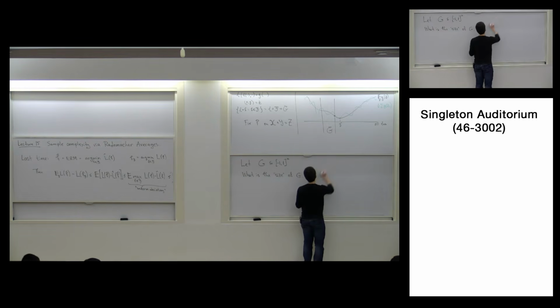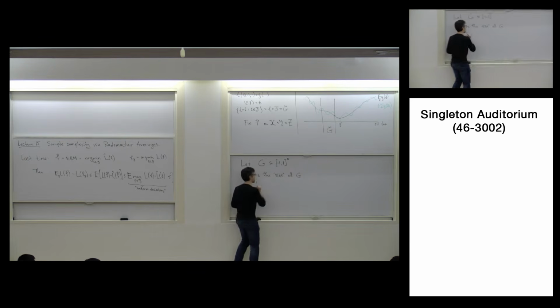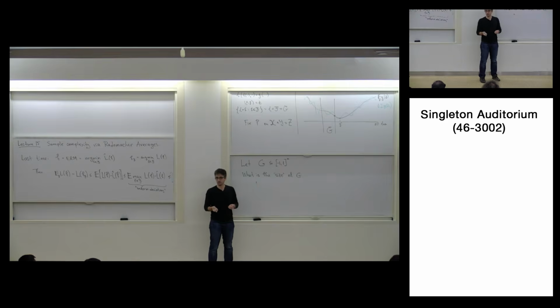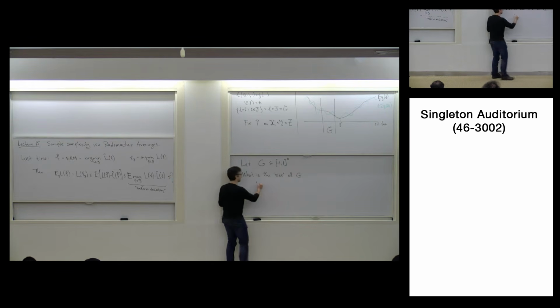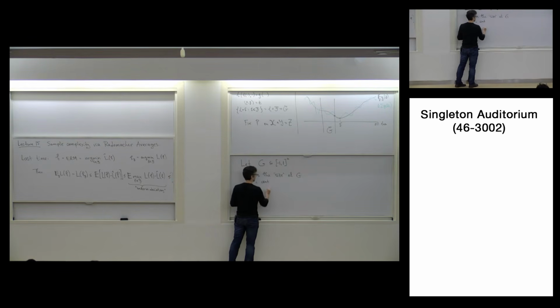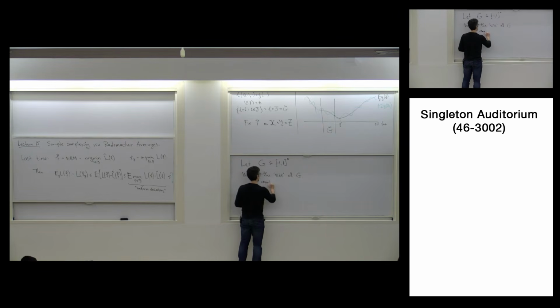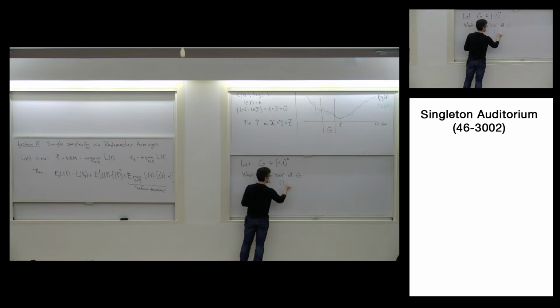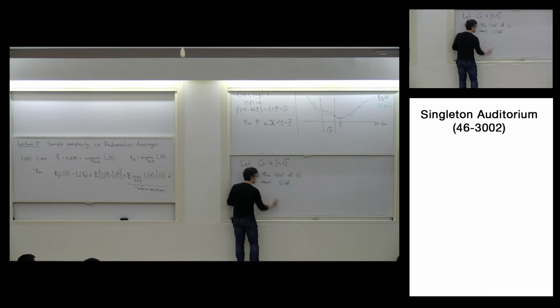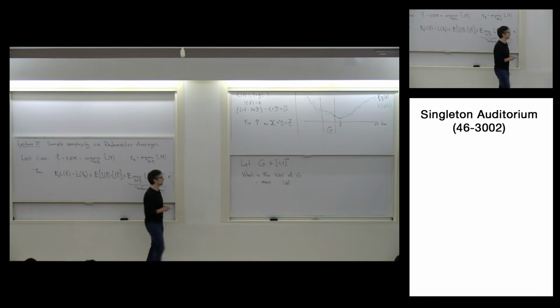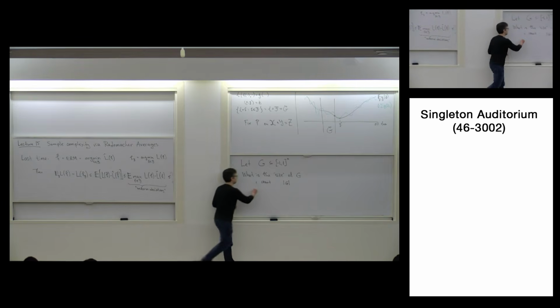What are the possibilities? First of all, if G is finite, then I can count, which is just the size of G. But this can be infinite, right? The set can be infinite. So what else can I do to understand the size?